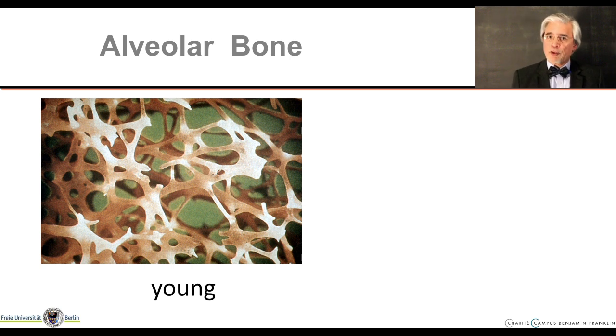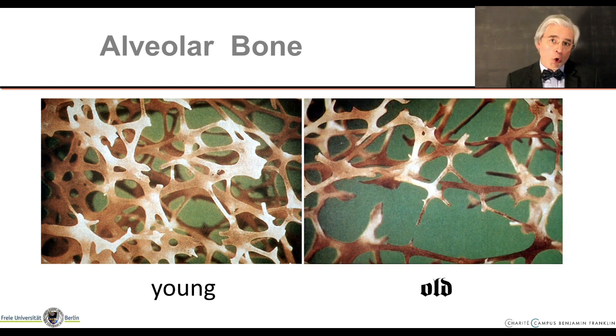The bone marrow spaces between them are present, but the meshwork of the trabecula makes the impression to be stable. The bone volume is still quite high. And in the older person, in the right picture, the bone mass has decreased significantly and the trabecula are thinner and also more sparse. The bone marrow spaces, on the other hand, have increased significantly.